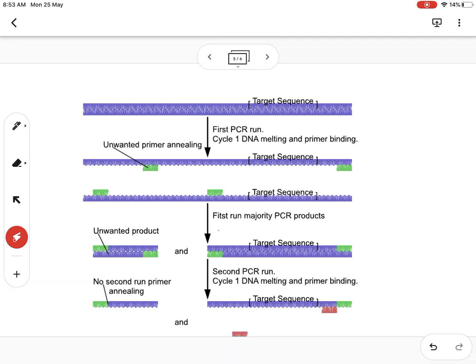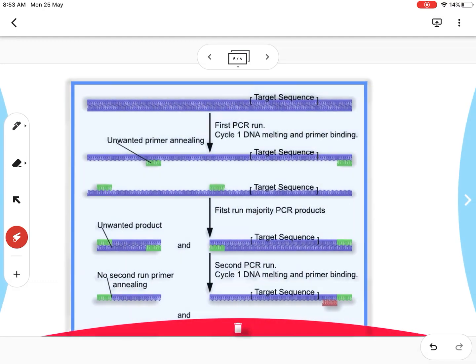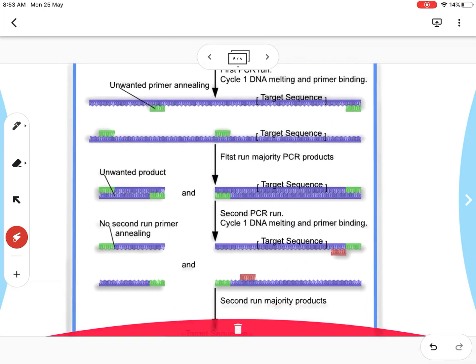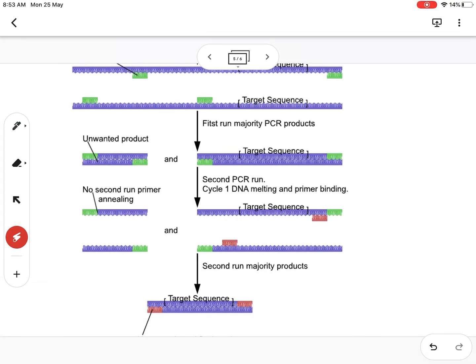So at the end of the first run, the majority of PCR product contains the target DNA sequence, whereas the unwanted products are also there. These unwanted products are eliminated in the second round by using the target specific primers. These are the inner primers. So inner primers are added along with the amplicon of the first cycle.